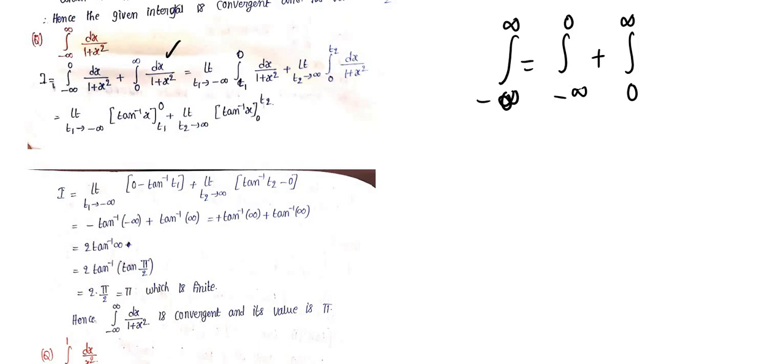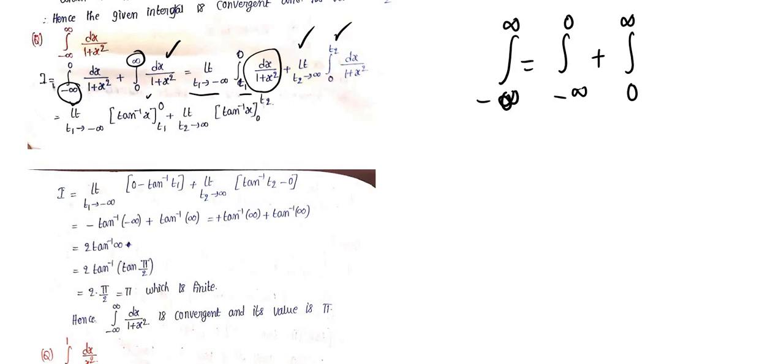This is the splitting. I am splitting this integration as two integrals. Integrand is same. In the next step, I am replacing minus infinity by t1 by taking t1 tends to minus infinity. And also, in the second term, I am replacing infinity with t2 by taking limit t2 tends to infinity.